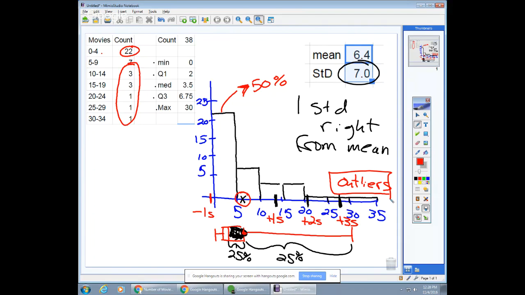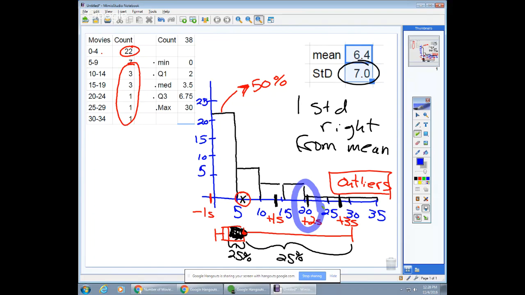Okay. So how do you tell if something's an outlier? Like, where do we draw the line to say you're an outlier, but you're not? Okay. And there's a few different rules for that. I'm just going to go over one of them. One of the rules is if you're more than 2 standard deviations away from the mean, you're an outlier. So in this case, let's see, our second standard deviation from the mean is right here.